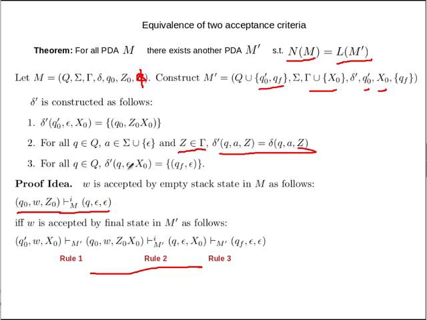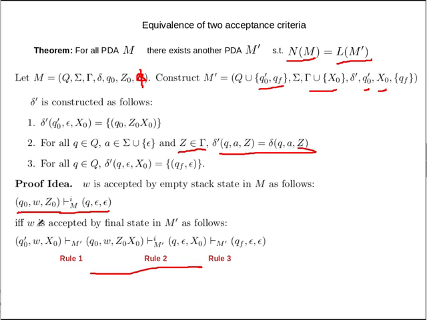So in that case you switch to this state qf, and you remove this x0. So it is not relevant. This part can be anything because we are just switching to qf, which is the only final state here, and it accepts by qf because it has already exhausted this w. So this has already become empty and it has reached a final state, so it accepts.